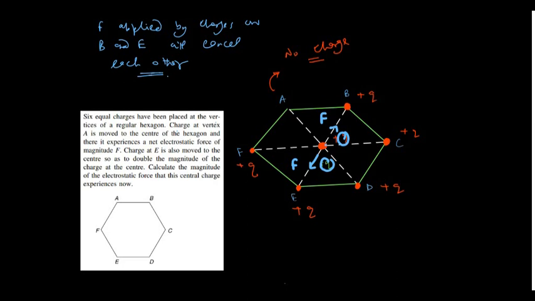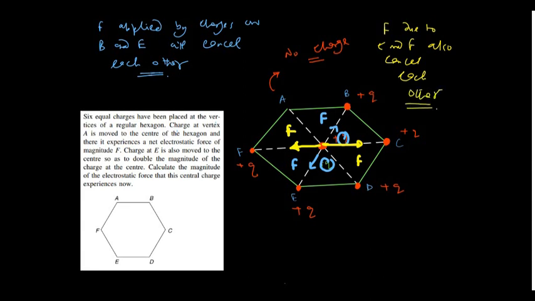Is it the only pair getting cancelled, or are there other pairs too? Yes, if you see this charge C, it also applies a force F outward, so the forces due to C and F also cancel each other. All right, fine. So there is only one charge remaining for which there will be a net force, this charge. It applies force in that direction, and this is the only unbalanced force.